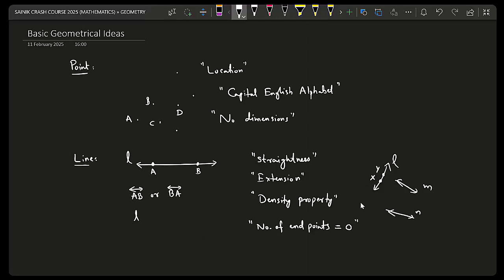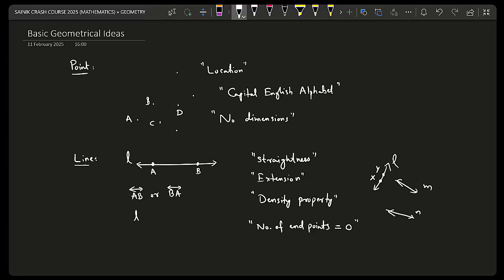Infinitely many. That means however close or far they are, no problem. Between them, again, infinitely many points are going to be there. That is called density property, because the points are so densely packed on the line. Is it clear? Yes, sir. Possible because a point is dimensionless.